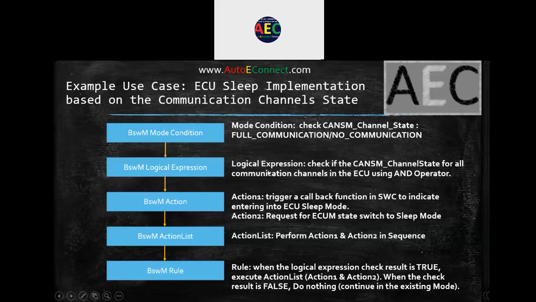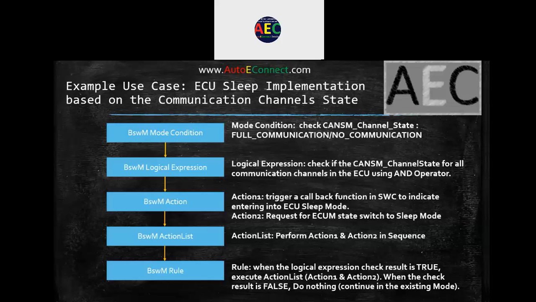And then we have to configure a logical expression. The logical expression I want to configure is to check the CAN SM channel states for all communication channels in the ECU using the AND operator. Is it sufficient to check the CAN SM channel state for one channel? No, I might have, let's say, 3 or 4 communication channels, out of which let's say 2 CAN channels and 2 LIN channels.